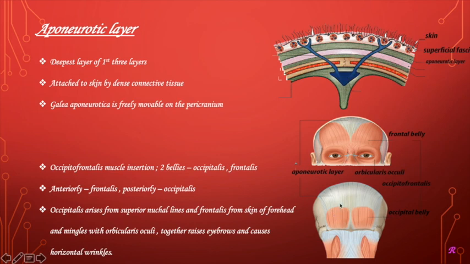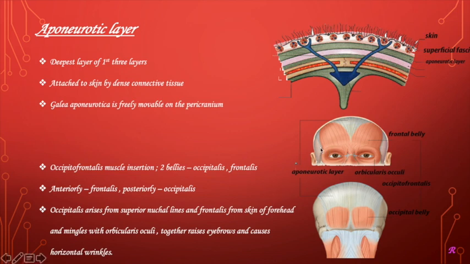This occipitalis muscle arises from the superior nuchal lines. You can see the superior nuchal lines. Then the frontalis muscle arises from the skin of the forehead. This is the skin of the forehead. It also mingles with orbicularis oculi muscle.